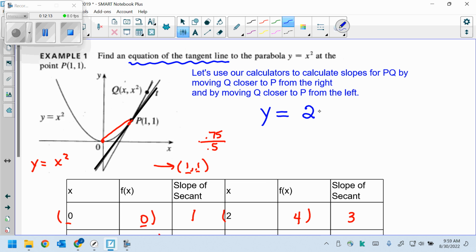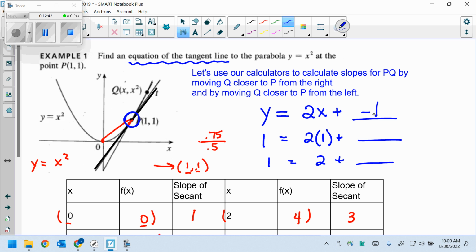So y equals 2x plus, now I need a y-intercept. To find the y-intercept, you always plug in a point that you know is on the line. Well, I know 1, 1 is on the line. So a y value of 1 equals 2 times an x value of 1 plus b, and I think we can agree that b is going to be -1.